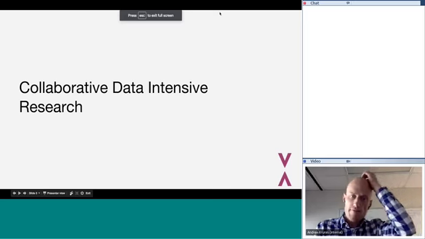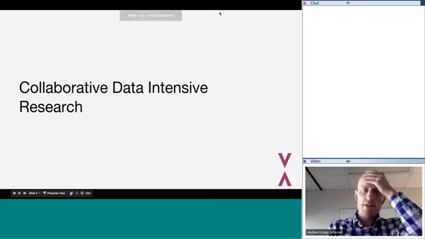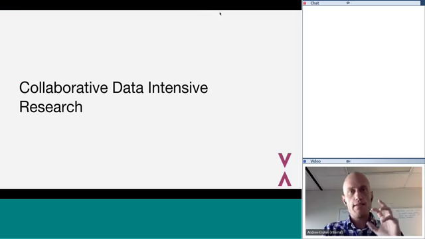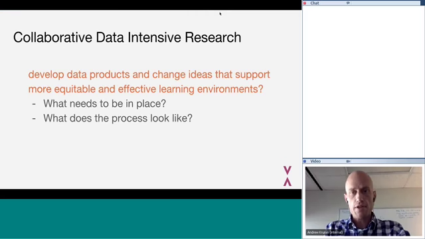So building off of what Alicia was talking about, I wanted to introduce a couple of ideas to set a different kind of framework for thinking about the work of using data for improvement. It's a label that we've been developing and playing around with here at SRI, largely based on some support from the National Science Foundation, along with a bunch of other funders.